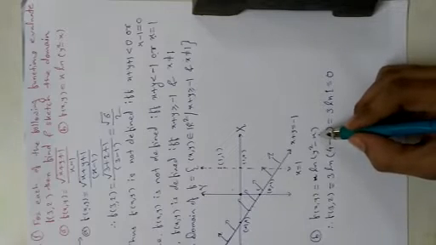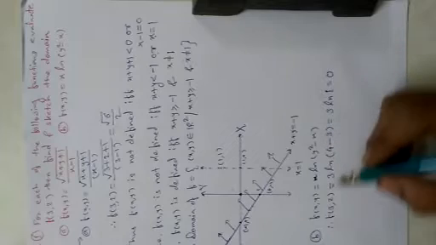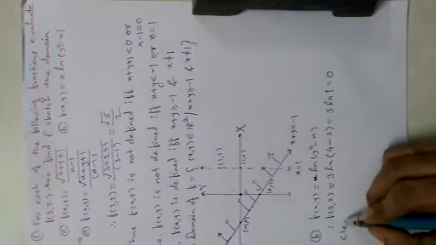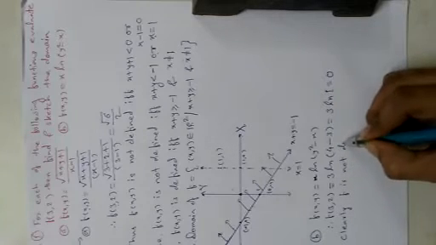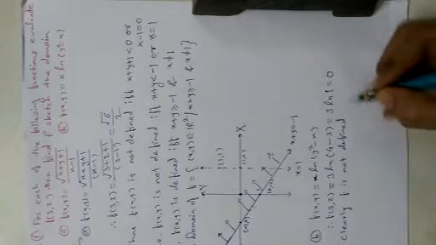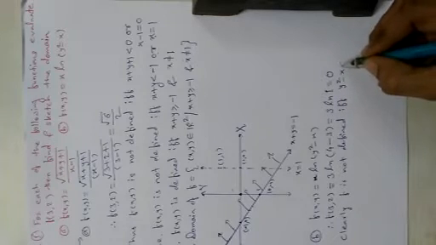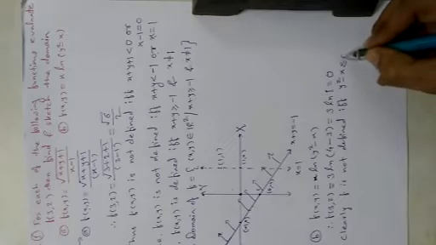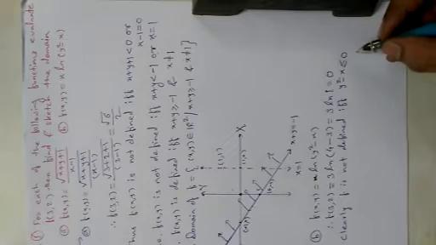Therefore y square minus x must be positive for f to be defined. Clearly f is not defined if and only if y square minus x is less or equal 0.